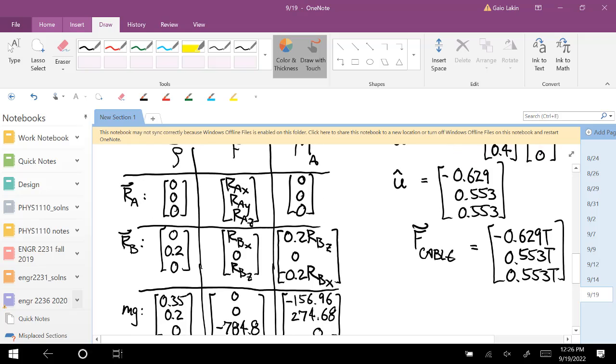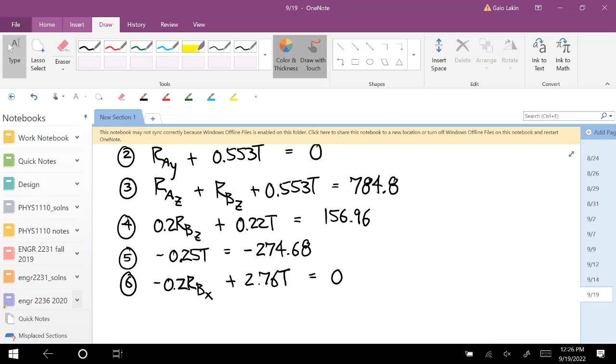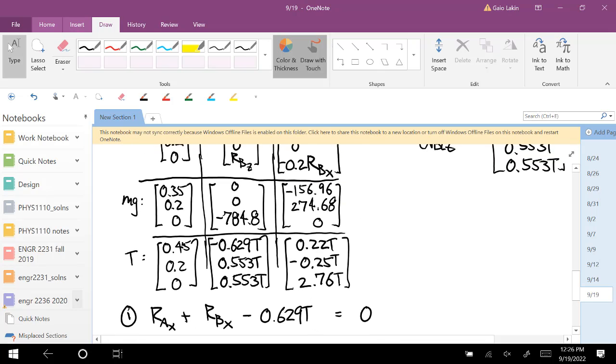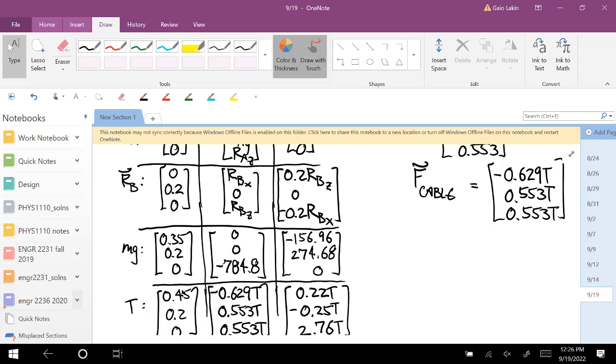So it says 274.68 minus 0.25T is equal to 0. I didn't count up the number of variables, but it's worth making sure always that you have the right number of variables for the right number of equations.